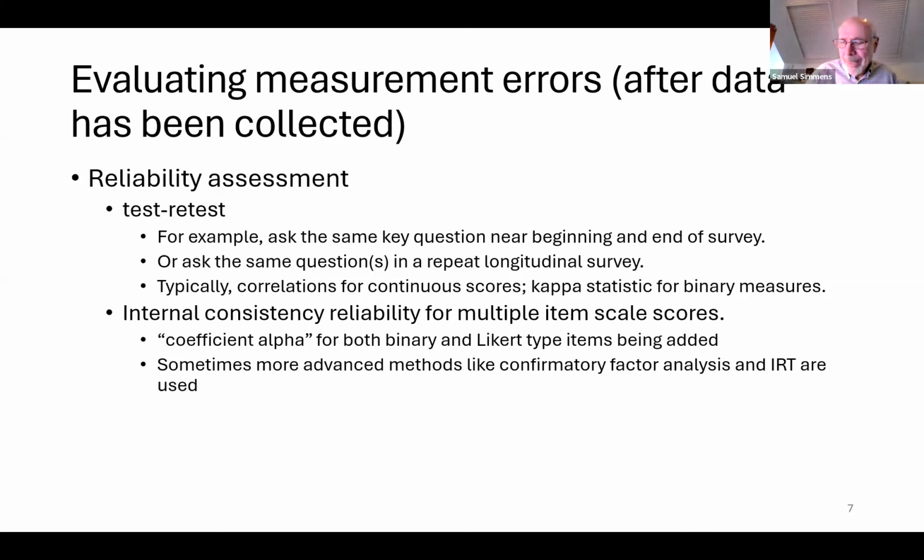On that basis, you might decide to drop an item. Then there are lots of more advanced methods, which I'm not going to talk about today. They're probably in most cases not essential to use: confirmatory factor analysis, item response theory for determining which items are best.